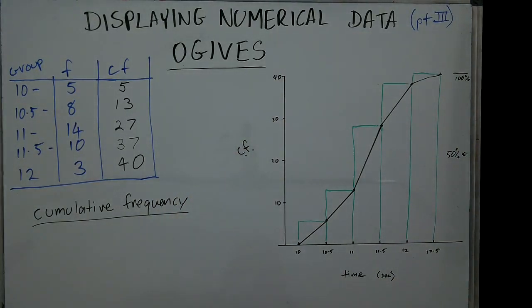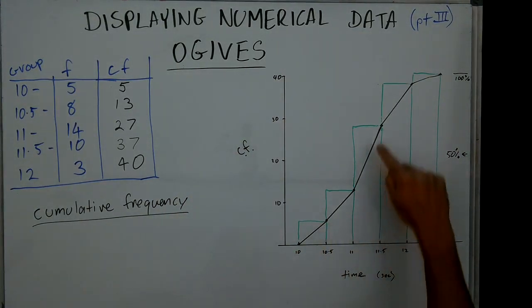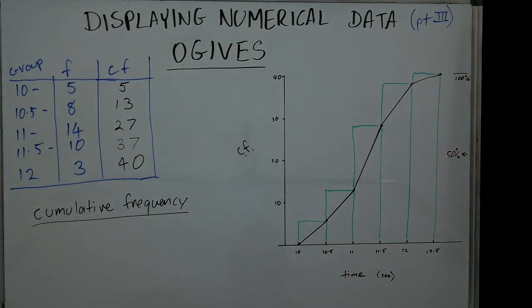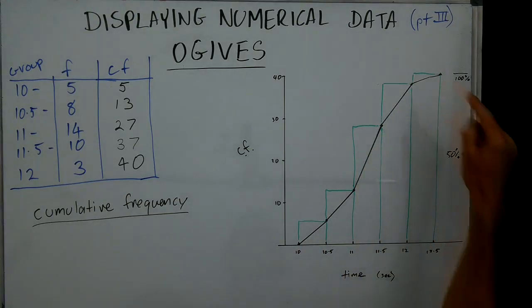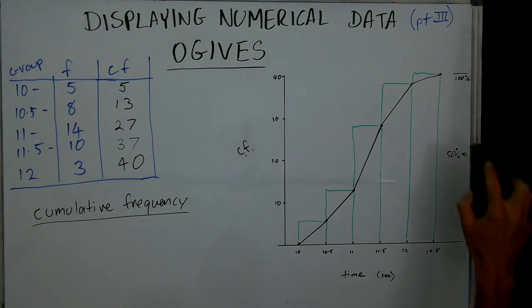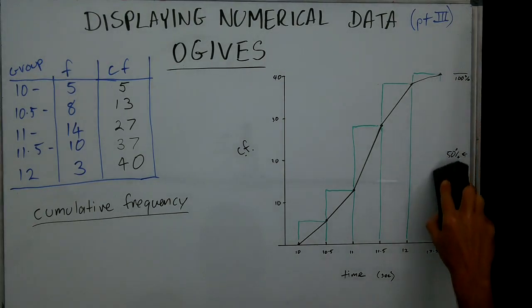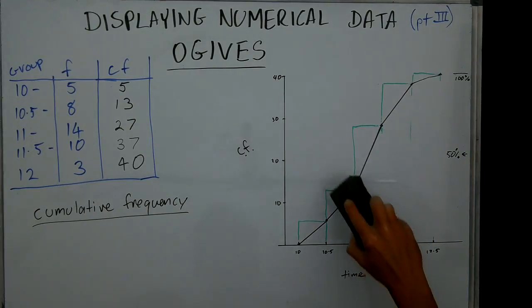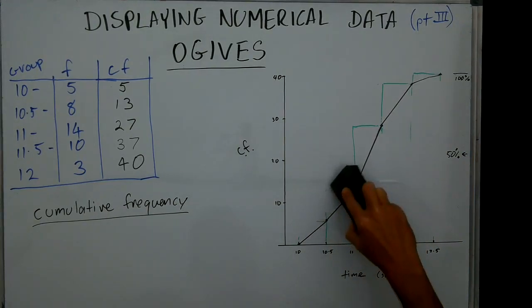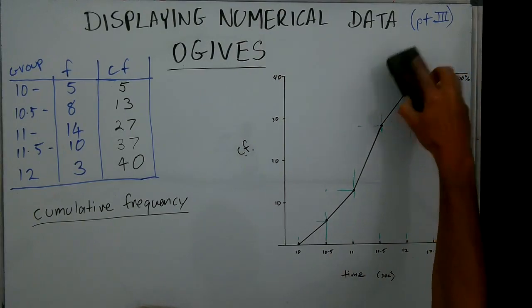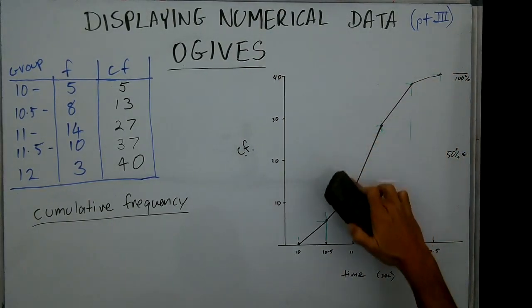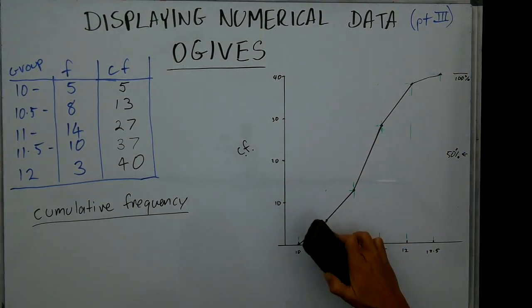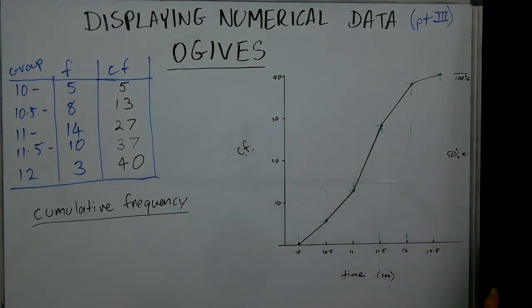There we go. So that's where the line segment part of the graph comes from. And really the ogive is just that line. So at this point, we can get rid of all of those. So that is our actual ogive plot.